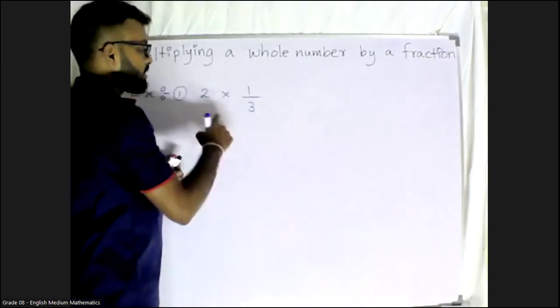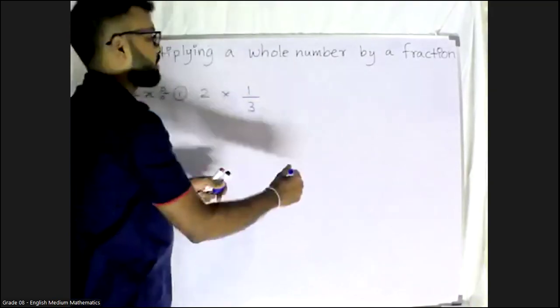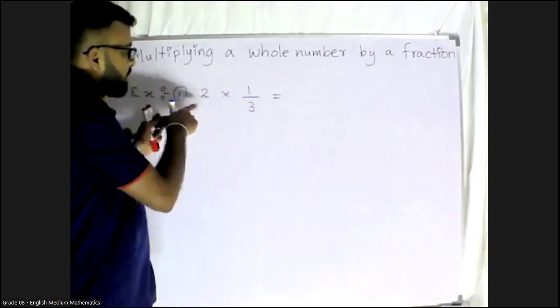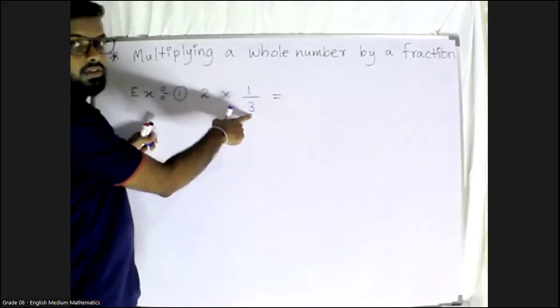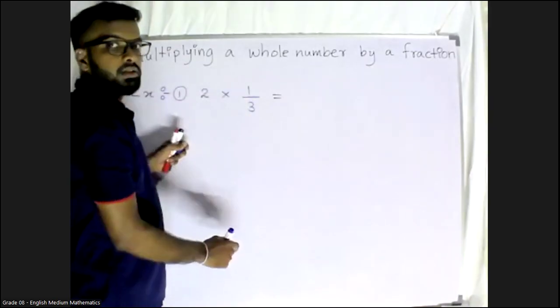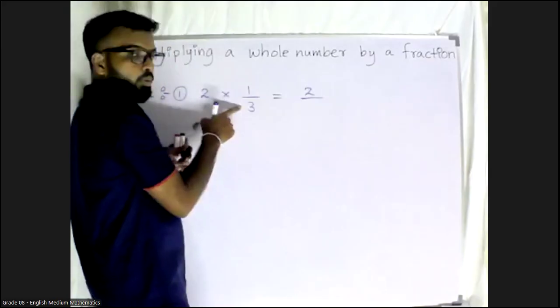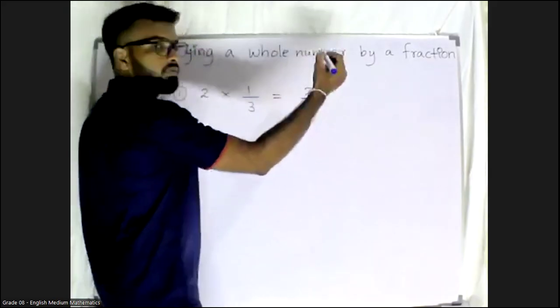So see, same thing. If you change this, you can obtain the previous one. So now whole number and fraction. 2 times 1 numerator, 2 times 1, 2. Denominator is 3.